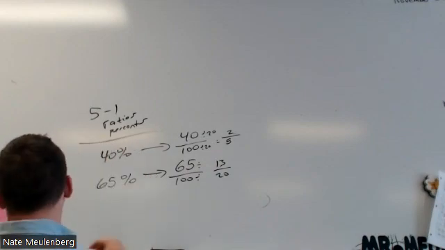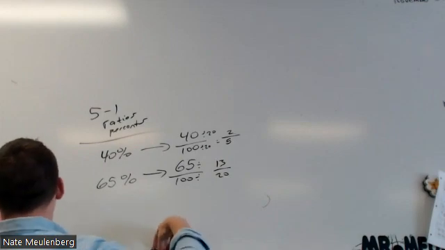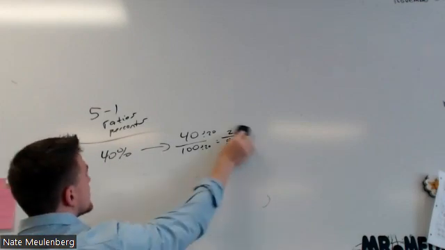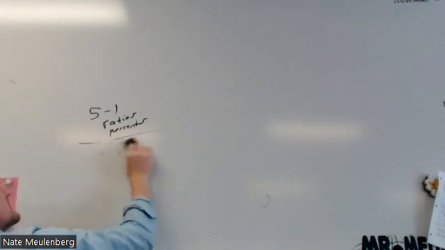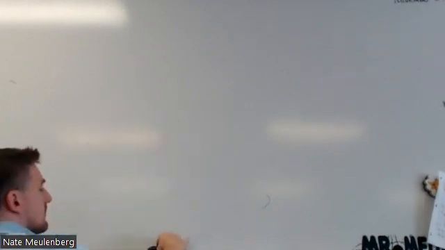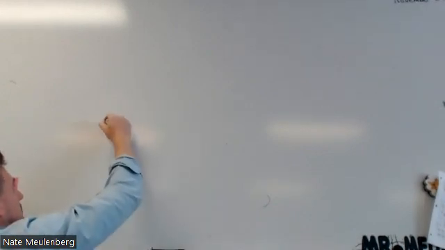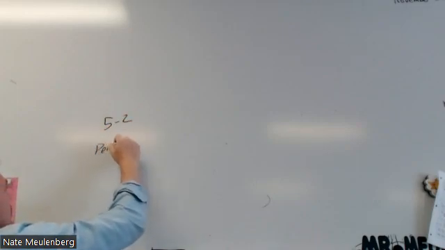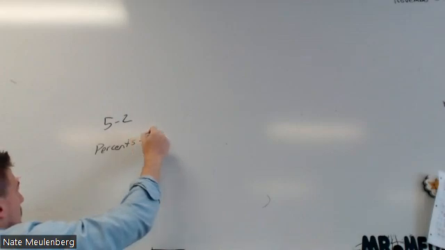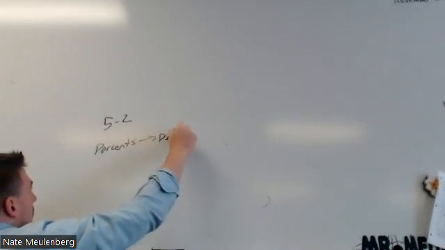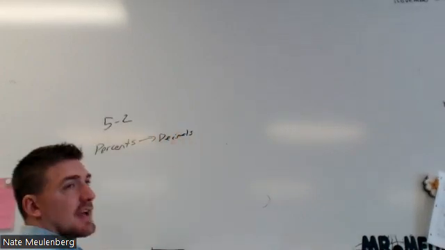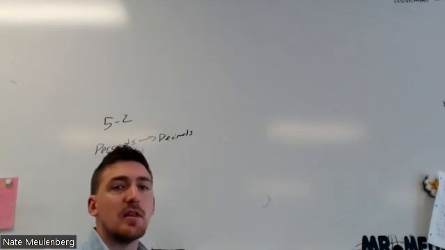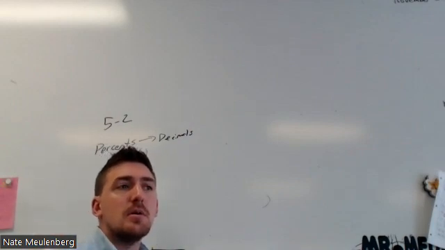Okay, that's 5-1. 5-2 was percents to decimals and decimals to percents. If you have a percent and you need to convert it to a decimal, do you move it to the left or to the right?